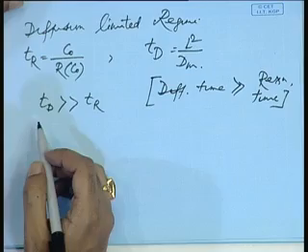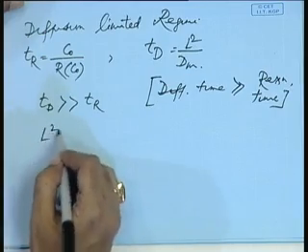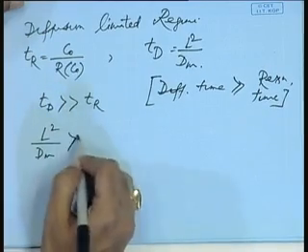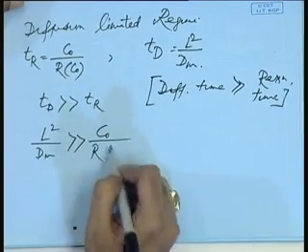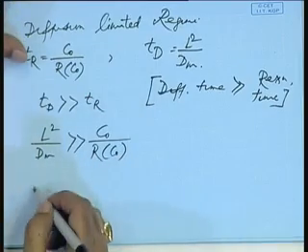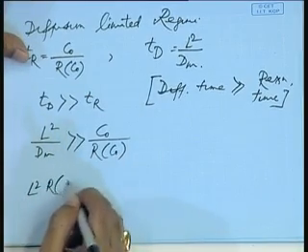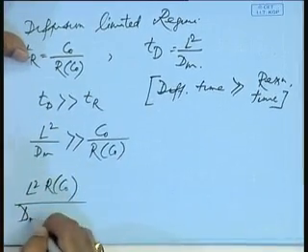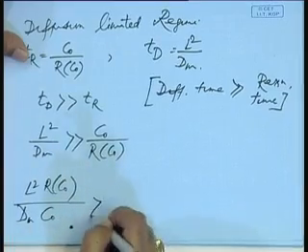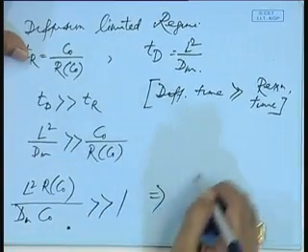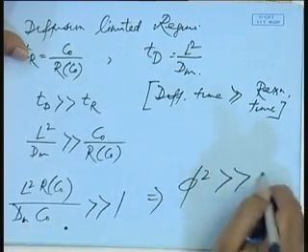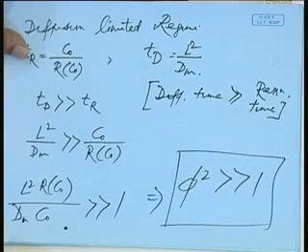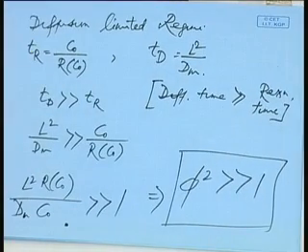So, L square over Dm is much greater than C naught over R C naught, or L square R C naught over Dm C naught is much greater than 1, which implies phi square is much greater than 1. Okay.